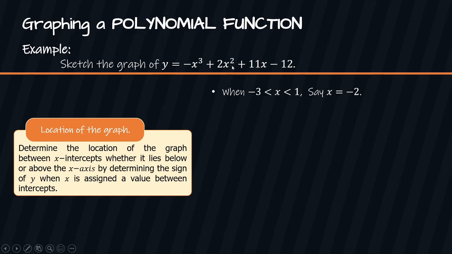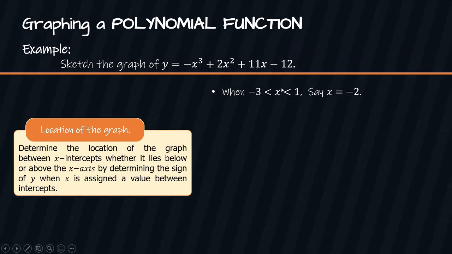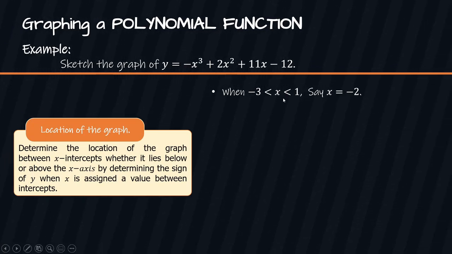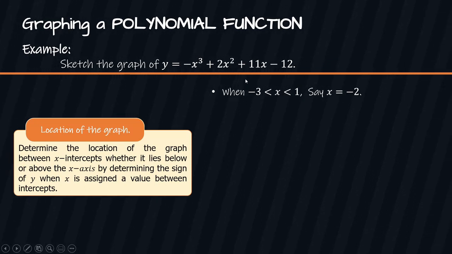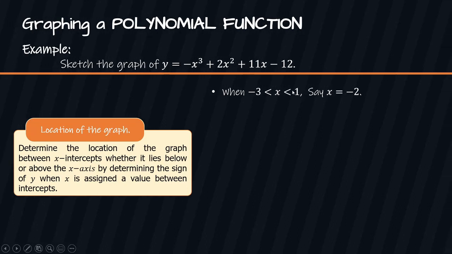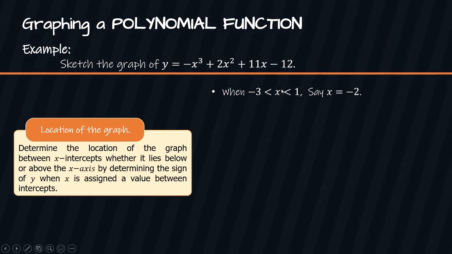Note that we have the first limit where x is greater than -3 but is less than 1. So what are the values between these values? Yes, we have -2, 0, and -1.